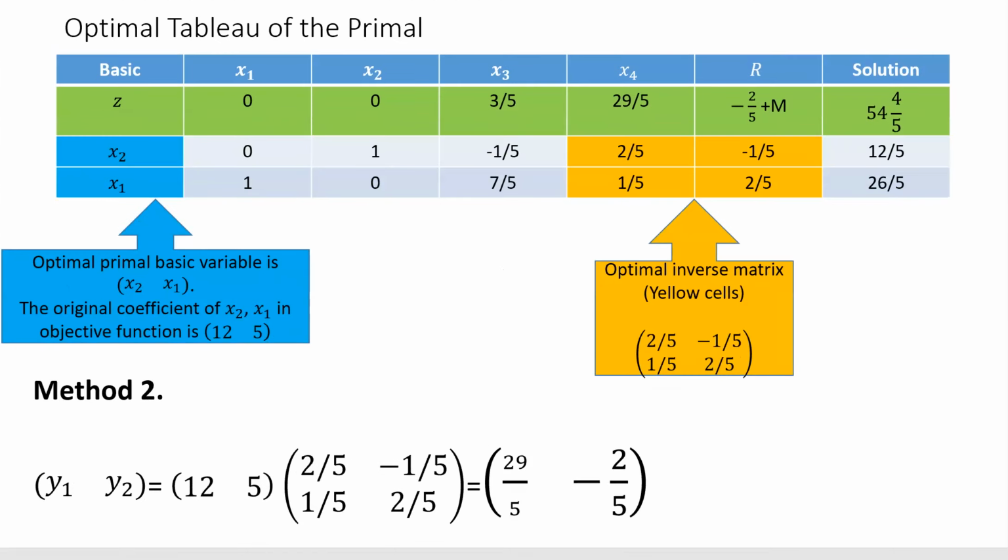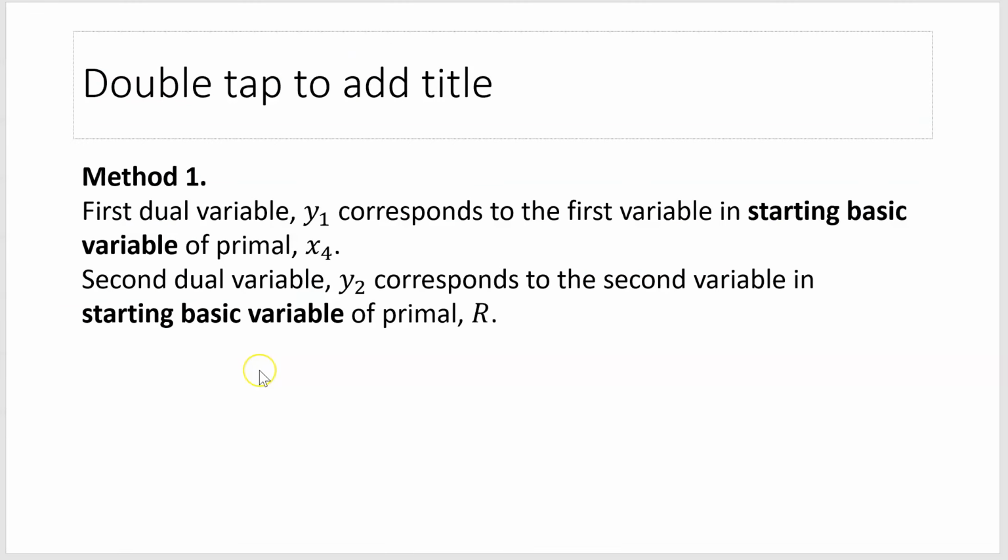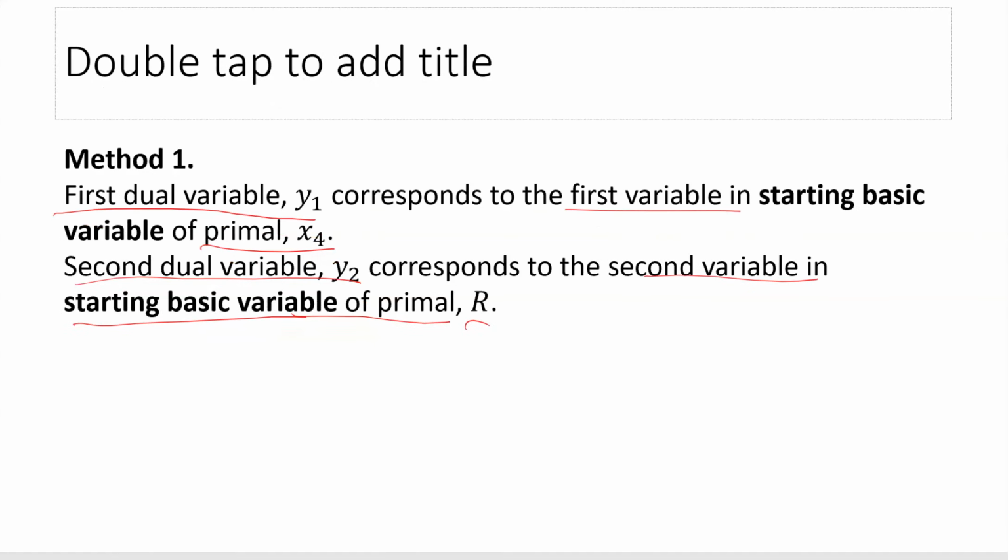First, the first dual variable corresponds to the first starting basic variable of the primal, and the second dual variable y2 corresponds to the second starting basic variable of the primal. So how do we know this? Let's take a look at this.